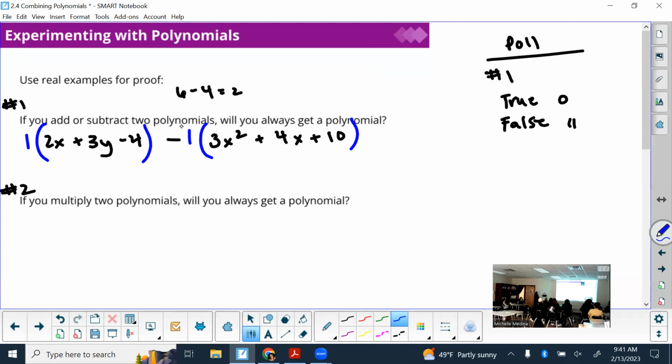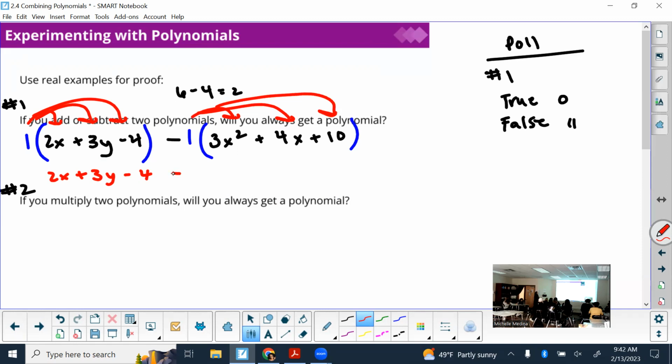So that's why what I tell my students is don't forget to distribute the 1. Sometimes it does not make a difference at all, like in this first situation. But in the second, it does, it changes all of the signs. It becomes minus 3x squared, minus 4x, minus 10. All right, and you'll do more practice with that tomorrow.